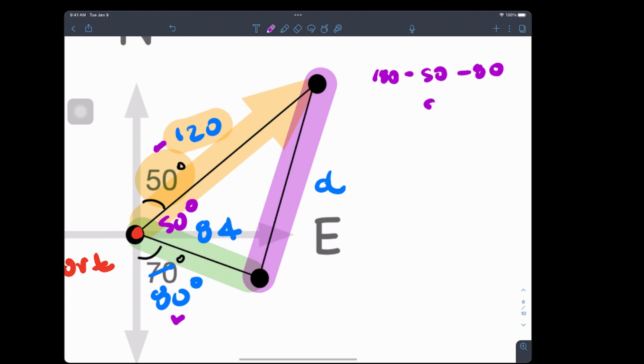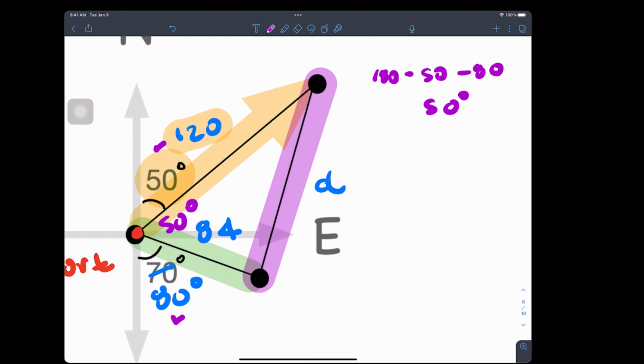That's the missing angle. The point is, why is it 180? This angle and this angle form a straight line, so the sum of those three angles needs to be 180.